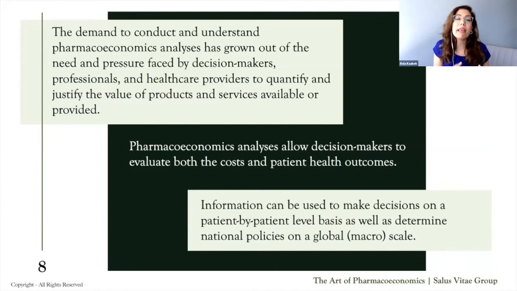And so as we start making these allocation decisions, we have to look at it from both sides. So the information that is generated from these analyses can actually be used to make decisions on a patient by patient level basis. So for those that are healthcare providers that are really thinking about how do I choose one procedure, process, service, or product or medication over the other, but as well as national policies more on a global scale, depending on who the decision maker is.